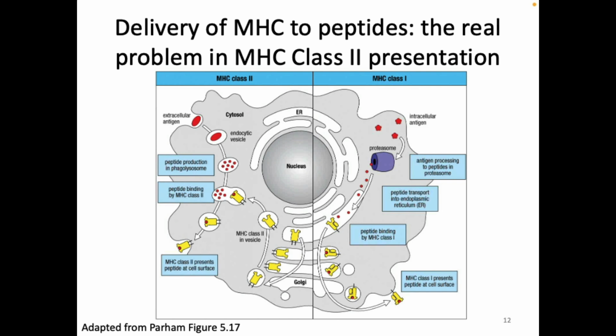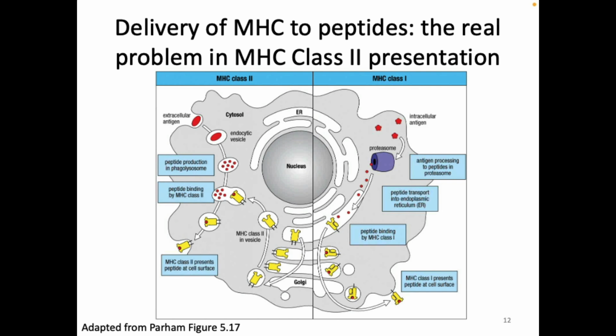In putting all of this together, today I edited some slides a little bit, and I had some slides that were specifically where does this happen, and I took those out. But I can address the detail of this. What you can see here is that class 1 is going to bind its peptide in the ER, and the binding is shown as happening in the ER.